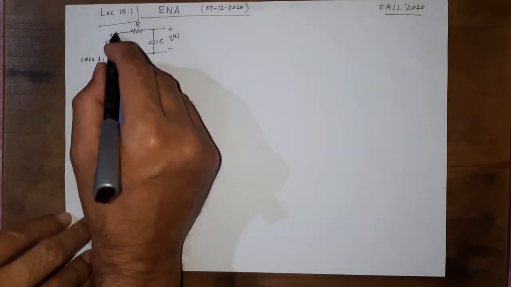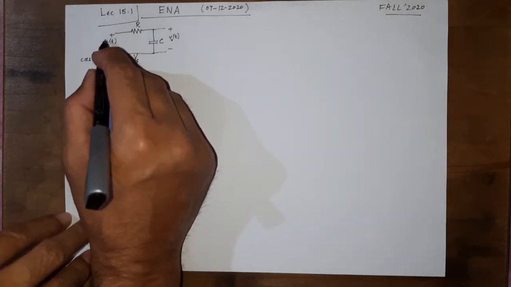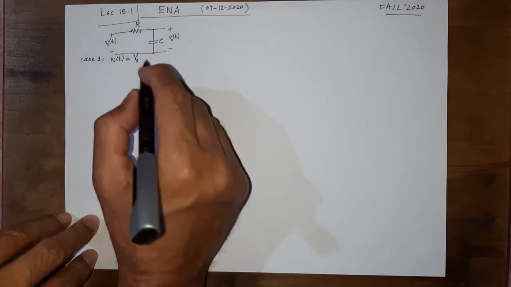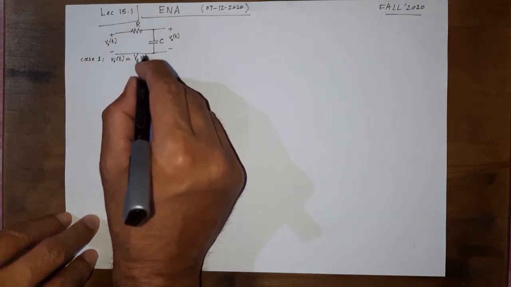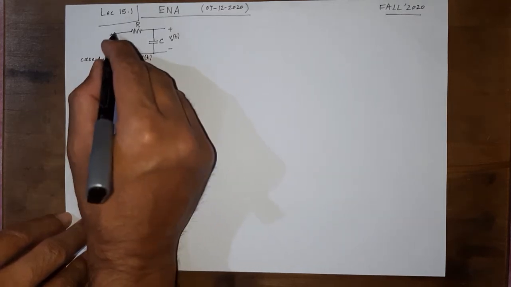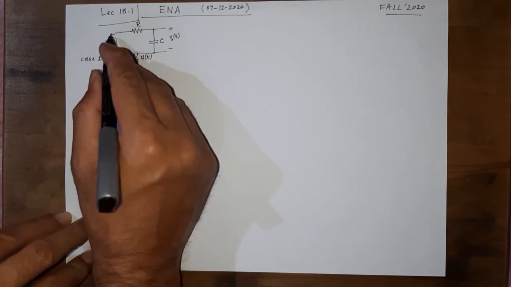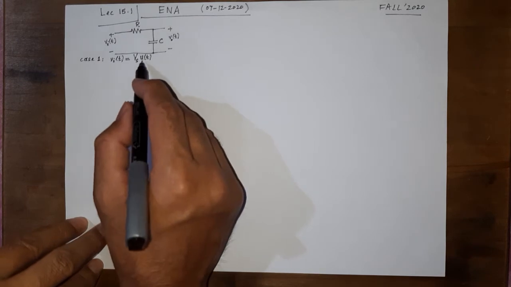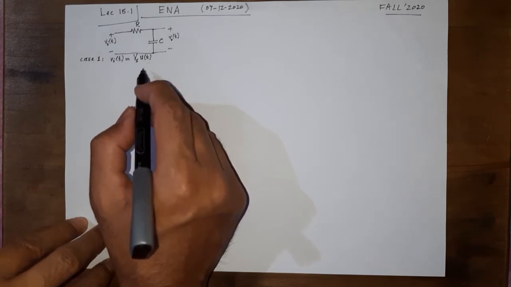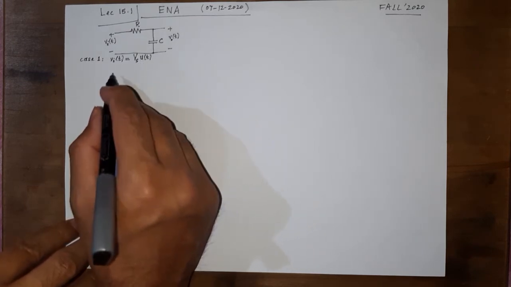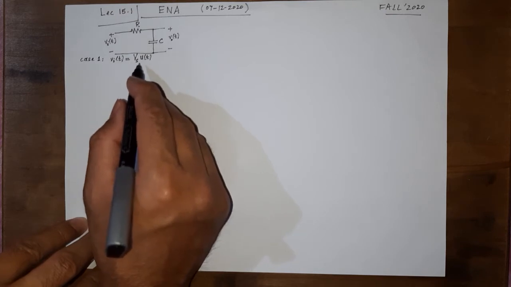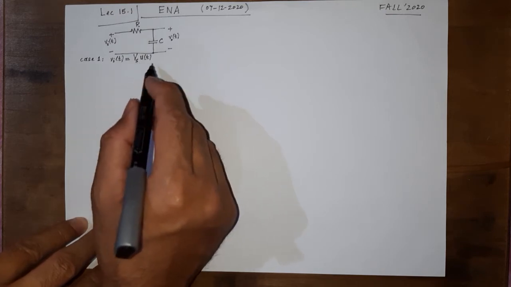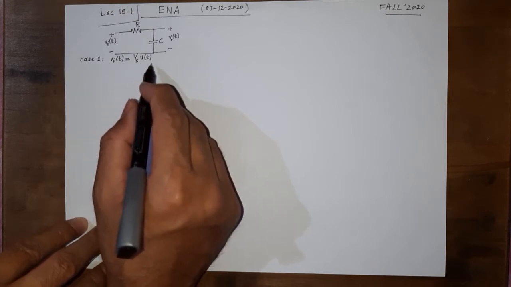Let us assume this application of this voltage has been at t equal to 0. So either there is a switch here that closes at t equal to 0 and a voltage source is applied, or we can just write it in this unit step function definition. This was covered in LCA. Let me remind you this. We have not covered this in this course of ENA.